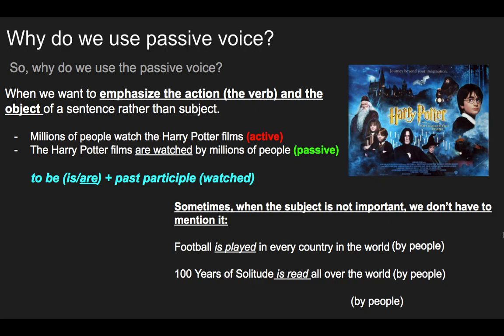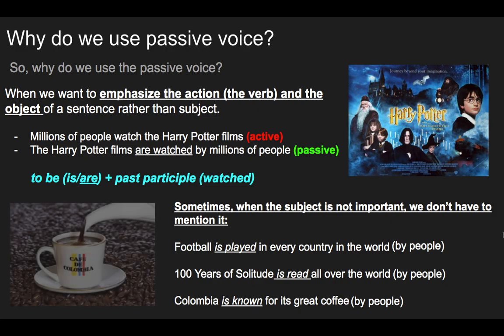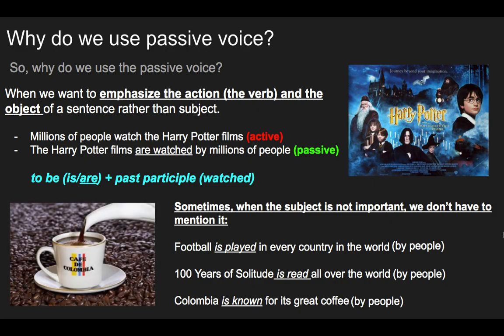One Hundred Years of Solitude is read all over the world by people, obviously. Colombia is known for its great coffee. Obviously, it's people who know that Colombia has great coffee, but we don't need to mention it because it's obvious and it's not important.